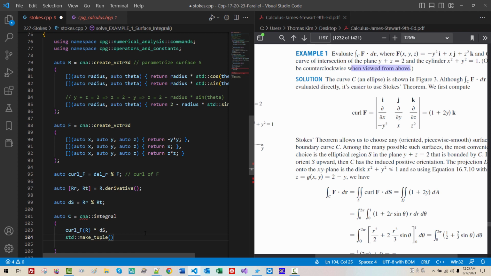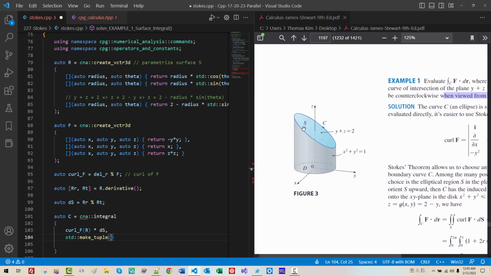We will specify limits of radius. In our case, the limits of radius, the boundary of this surface S is C. Our radius runs from 0 up to 1. So 0.0, 1.0, comma, radius limits. We are performing double integral. Our parameterization r takes 2 parameters, radius and theta.